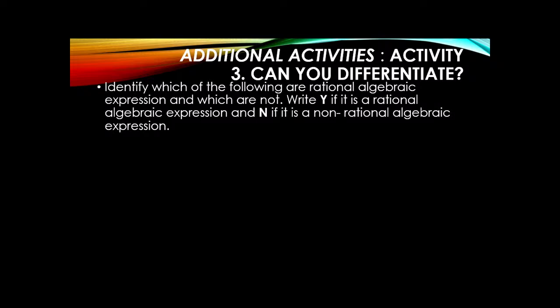Activity 3. Can you differentiate? Identify which of the following are rational algebraic expressions and which are not. Write Y if it is a rational algebraic expression and N if it is a non-rational algebraic expression.